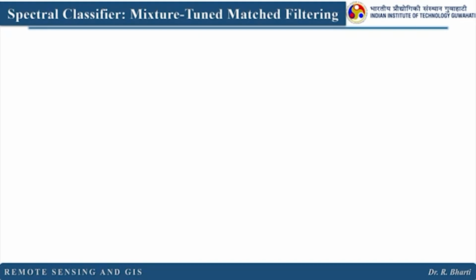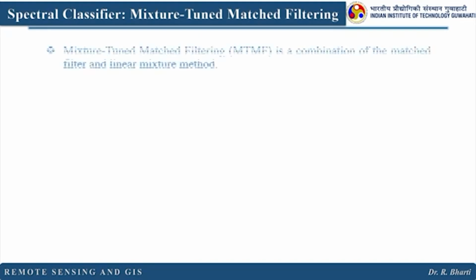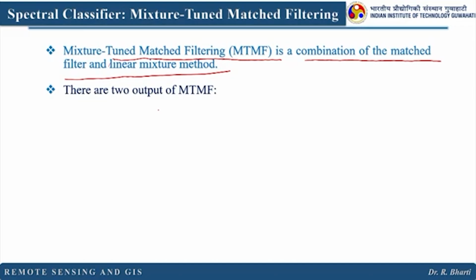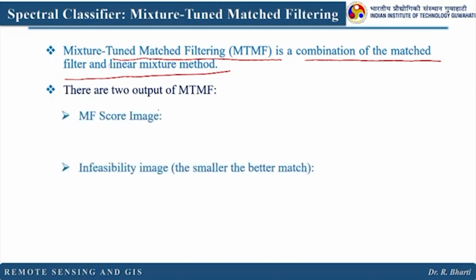Now we have come up with mixed tune matched filtering. The mixed tune matched filtering method is a combination of the matched filter and the linear mixing method, right. There are two outputs of MTMF: the MTMF score and the infeasibility report, in the form of images.